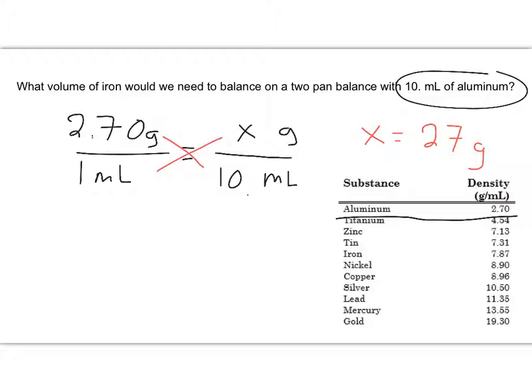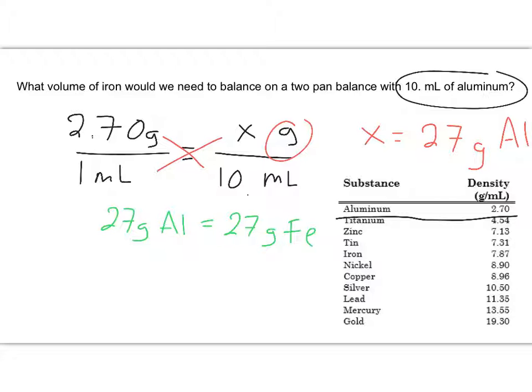And we end up with, since we're solving for grams, our unit should be in grams. And that is of aluminum. Okay? We also know, as we said before, if we want this to balance, if we have 27 grams of aluminum, that has to equal the same mass as the iron. So 27 grams of iron.